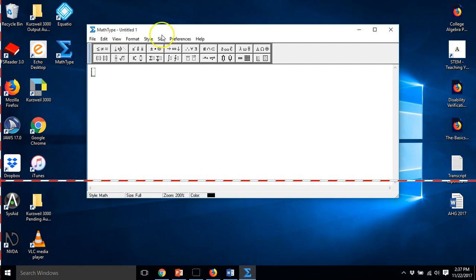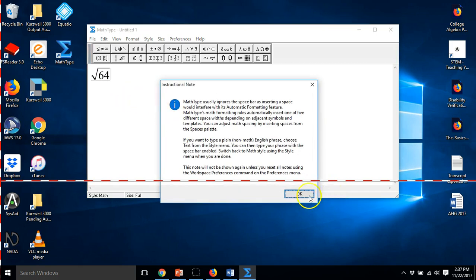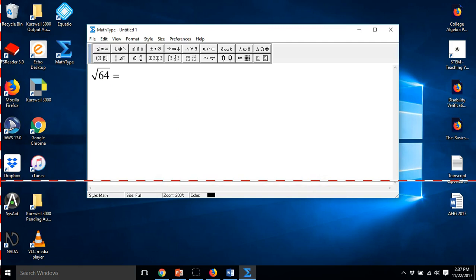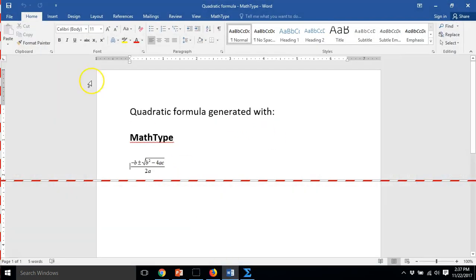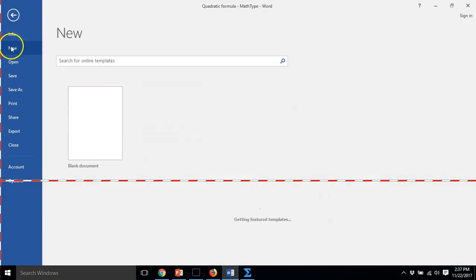But for example, if you're authoring with this, I could just go in here, square root of 64. I think I have to do that. Oops. All right, just a moment. Equals 8. And then I could have a Word document open.